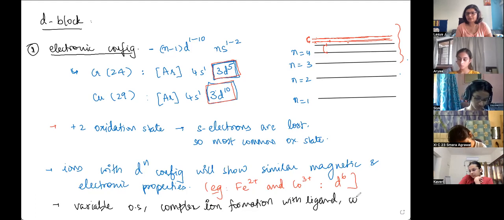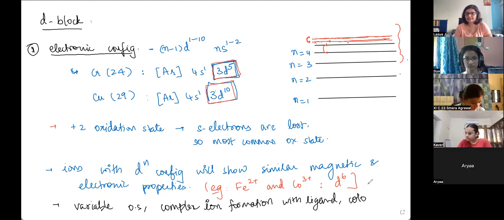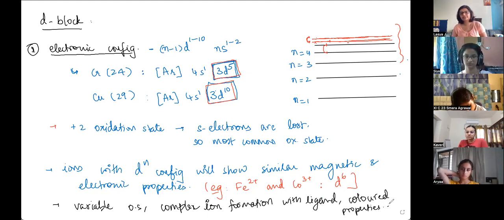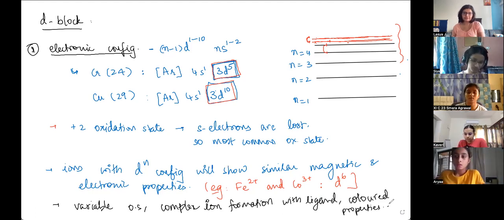Colored compounds, catalytic properties. If you notice, a lot of d block elements we use as catalysts: nickel, iron, vanadium, compounds of theirs. The reason for all of this is their electronic configuration. If you had to be more specific, it's the fact that they have incomplete d orbitals or half-filled d orbitals.